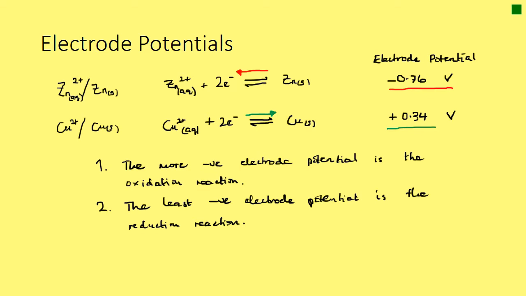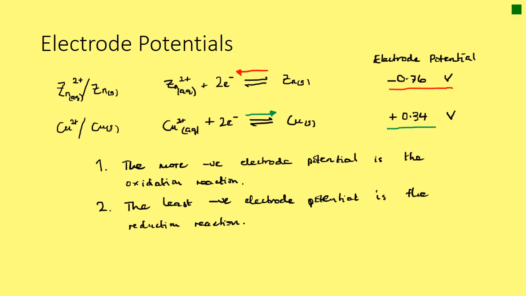Okay, so from these two rules we can work out which is which for the zinc copper. We look at rule number one, the more negative electrode potential is the zinc, and so that's the oxidation reaction, and oxidation is in this direction. So in the zinc half cell, that is the reaction that is going to happen. Zinc solid is going to go to zinc ions in solution. And if we look then at rule number two, the least negative electrode potential, so this is actually positive, so that's less negative than a negative number.